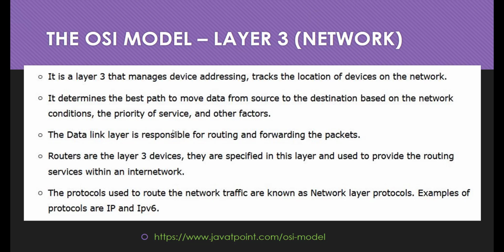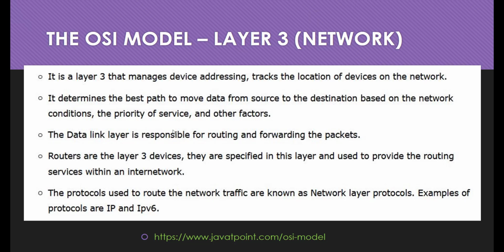Layer 3 is more importantly based on IP addressing, so the location of the IP devices, from the host device location to the destination device location and the nodes in between. That's what it's concerned about. So it determines the best path to move data from the source to the destination based on the network conditions, the priority of service, and other factors.